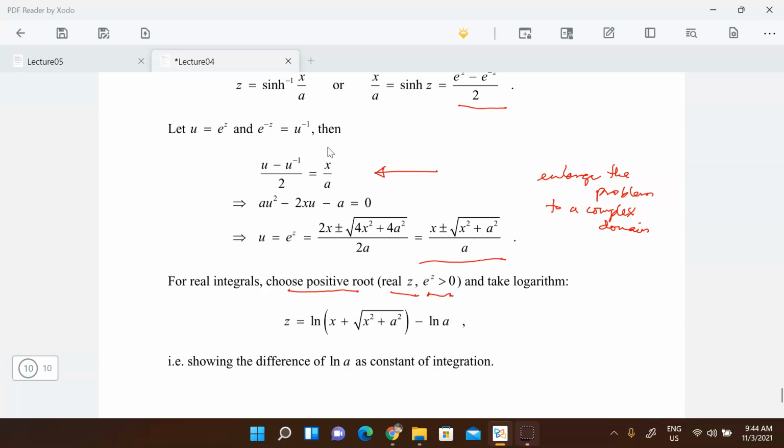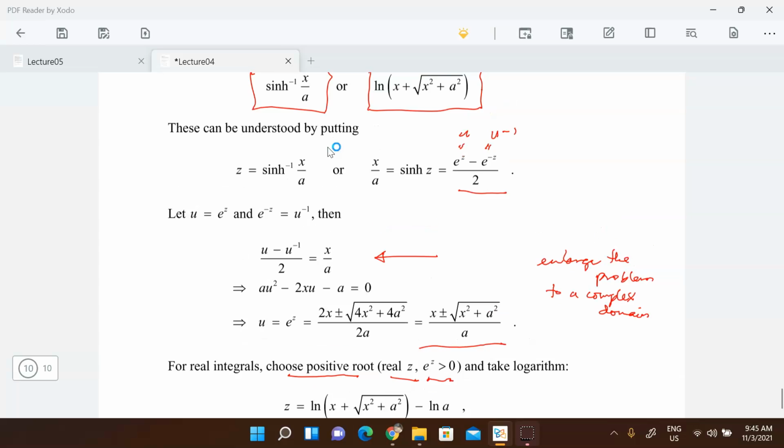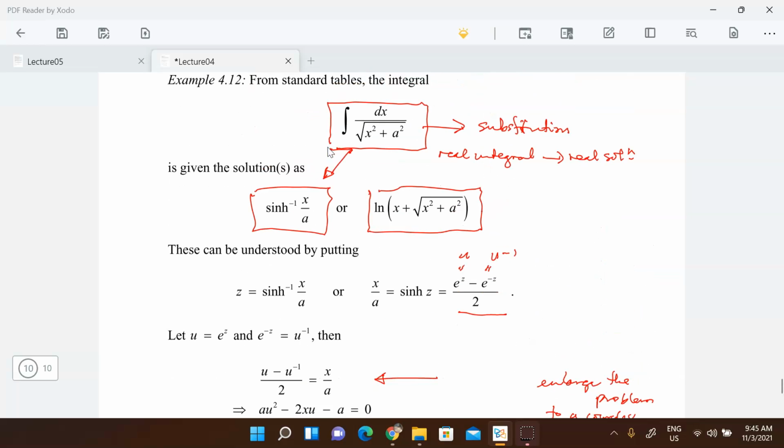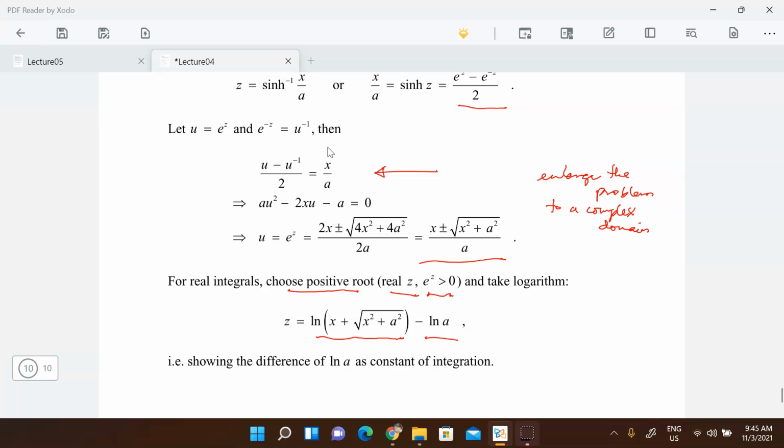So then if you take the log of that, you get your z, okay, and you find that z equals the log of that number minus the log of a. In other words, the difference between this form and this form is just this particular constant, log a.